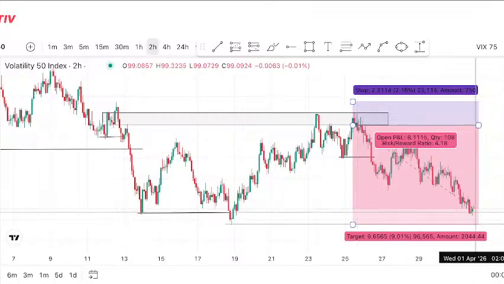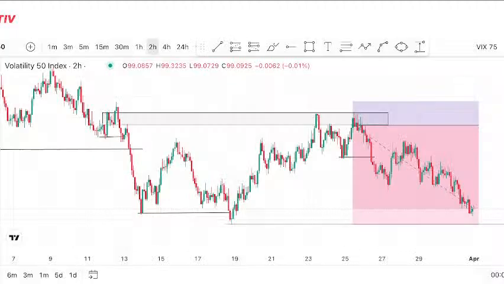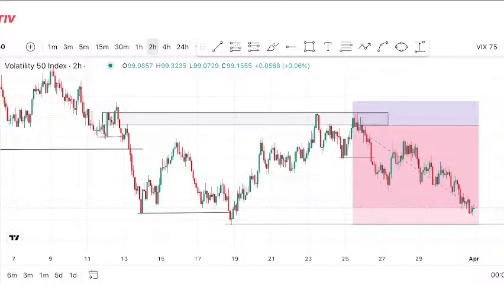So you see why I like synthetic indices. What I like about synthetic indices is that it has different pairs, different assets that every level of traders can trade. For example, there are some assets that you are not supposed to be trading as a beginner.